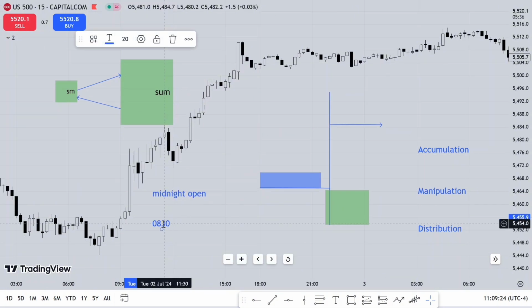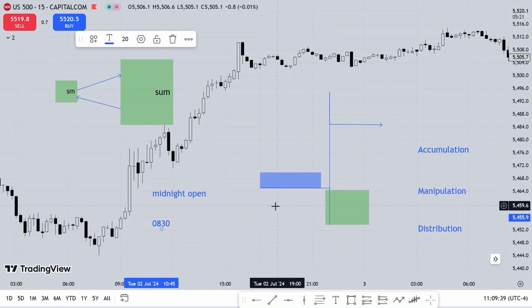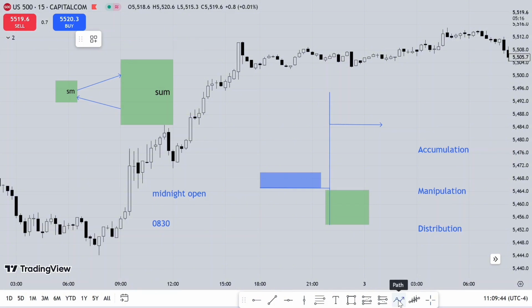So the second form of manipulation that takes place in the market is the algorithm will take out the long traders, the retail traders that entered long position here. How it does this is that because they place their stop loss below old lows and above old highs, the algorithm will create, when the accumulation leg starts, a low which will look like a strong low, probably a low or relative equal lows, that is double bottoms.